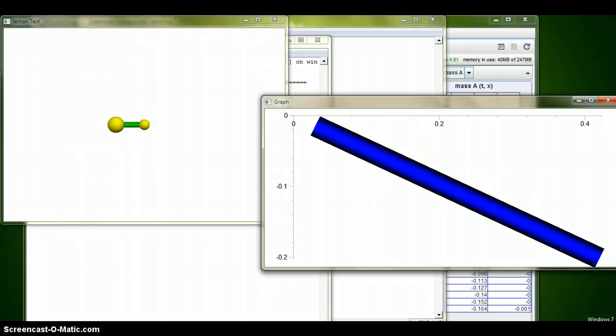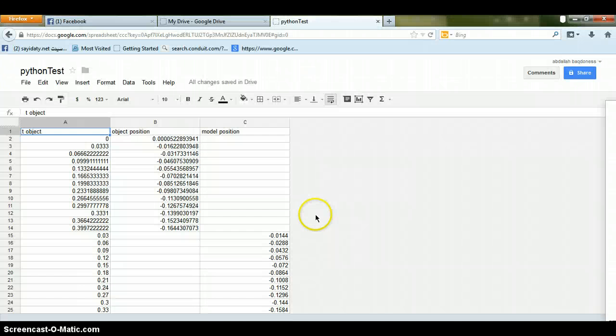Then I went to Google Drive and created this sheet. The first column is for time t, for both the experimental motion and the model motion. Here is the object position for the experimental motion, and the third column is for the model position in VPython.